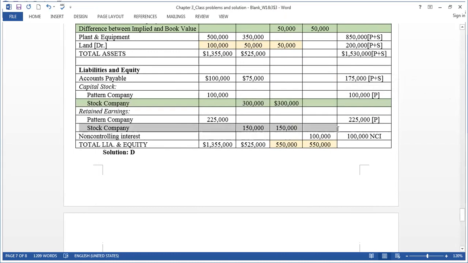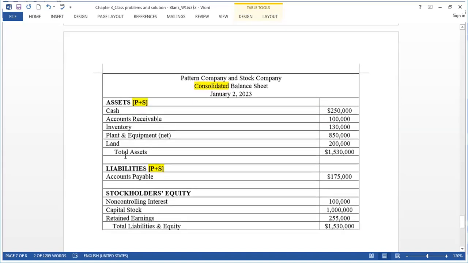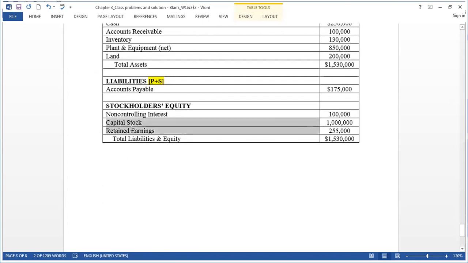We close subsidiary company's retained earnings. So what should we have? We should have parent company's common stock and parent company's retained earnings, right? We have this, and we establish non-controlling interest.